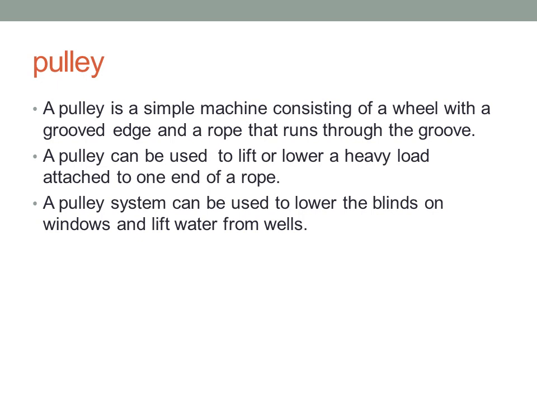It is called a grooved edge. And in that gap, the rope will be running. Okay, the pulley is a simple machine. It consists of a wheel, and in the middle of the wheel it has a grooved edge and a rope that runs through the groove.